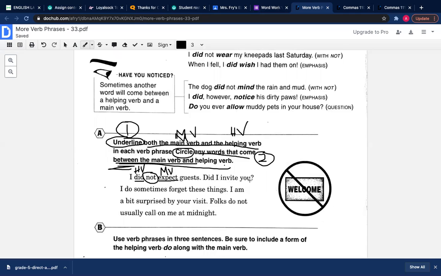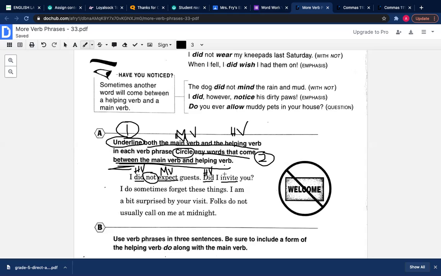Did I invite you? Our subject here is not disclosed. We're talking to somebody and we're asking them a question. So our question is asking, did invite. Our helping verb here, as usual, is a form of do. Our main verb, the action taking place, is invite.